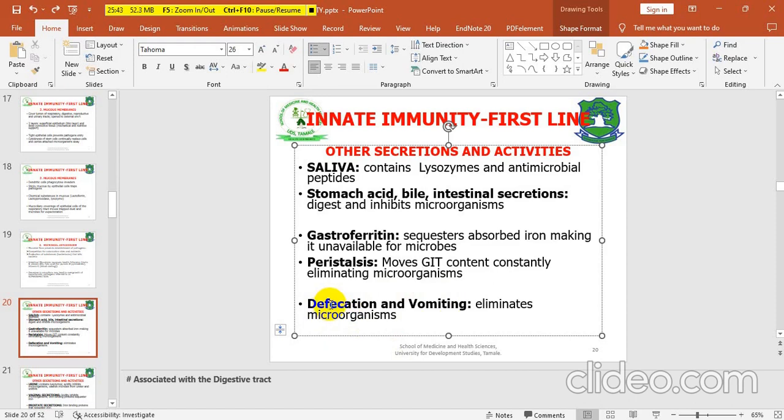So that's what they say when you are having diarrhea: just take in minerals, take in electrolytes, because when you take in more electrolytes, it will replace the salt or the minerals that you have lost.